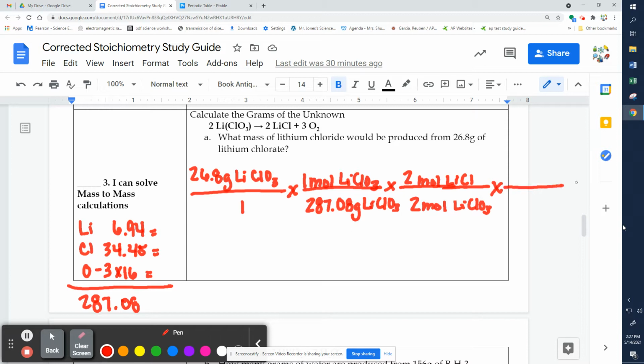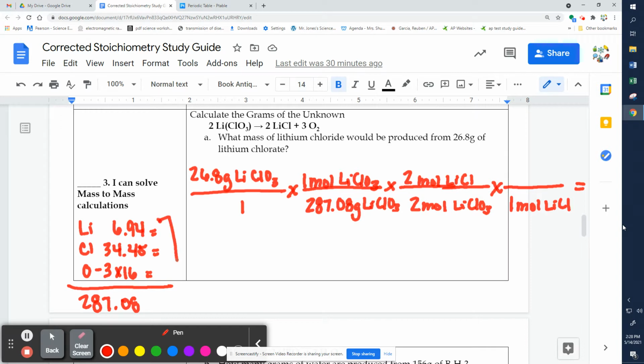Our very last step before we do our math, I have moles of lithium chloride here on bottom. I need 1 mole of lithium chloride. Now on top, I'm just going to add my lithium and chlorine together to get the atomic mass.